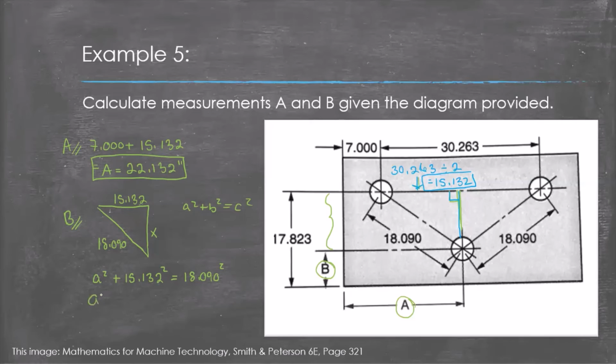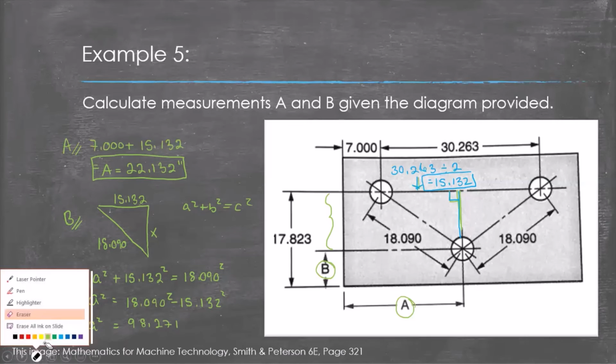Rearranging it, x squared is going to be equal to 18.090 squared minus 15.132 squared. Solving that, you will find that x squared is equal to 98.271. I'll leave the units off. It's going to be square inches, but I don't want to confuse you with that right now.